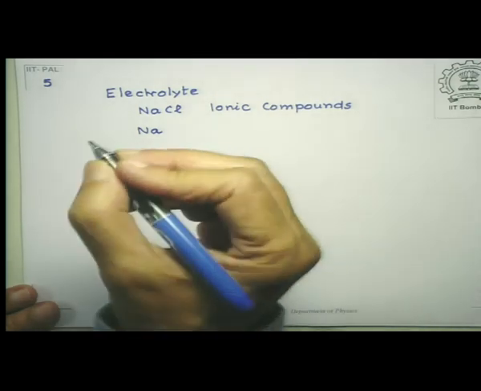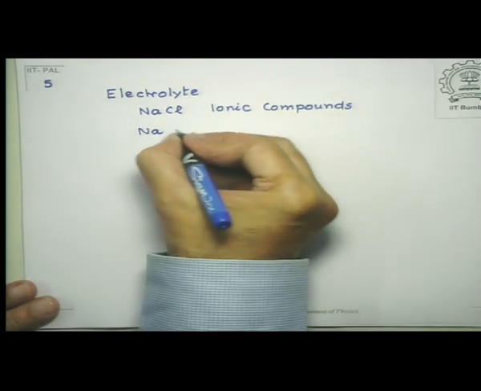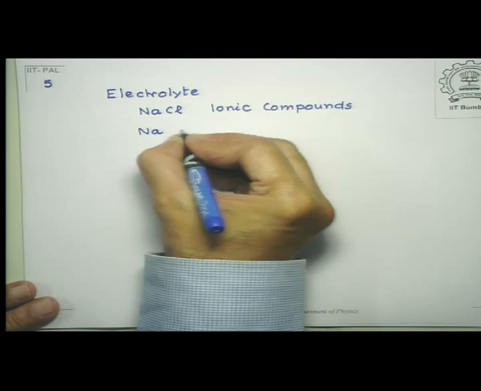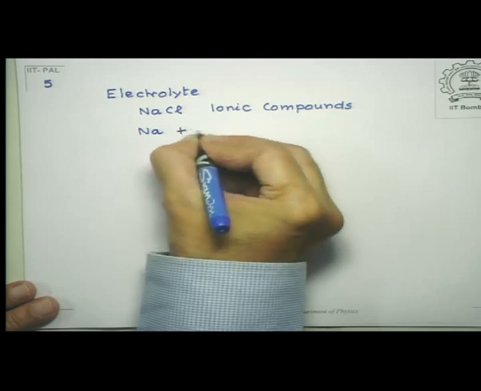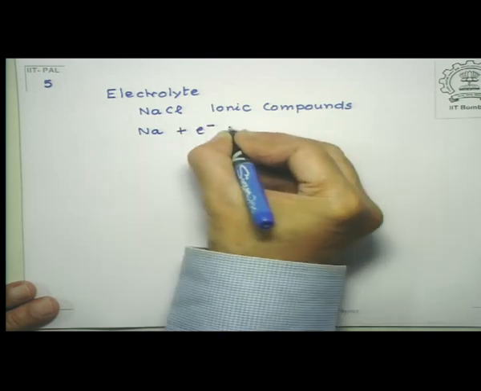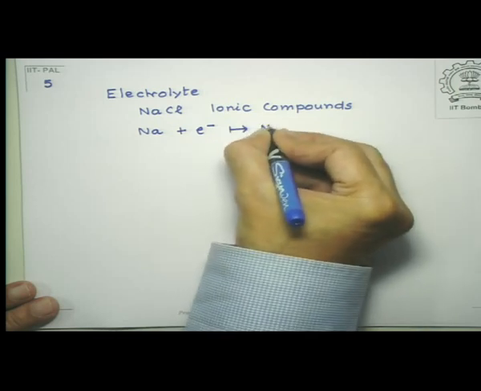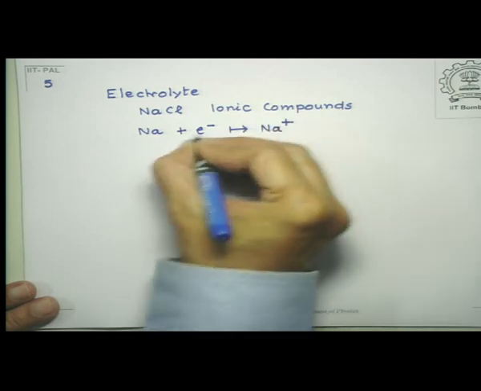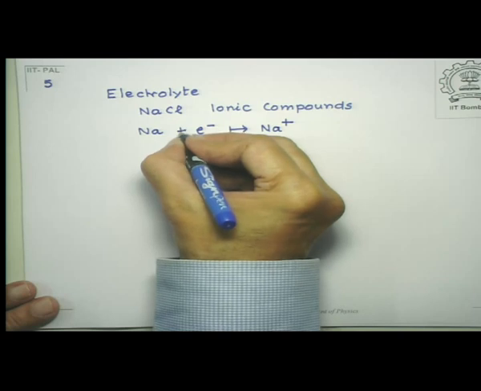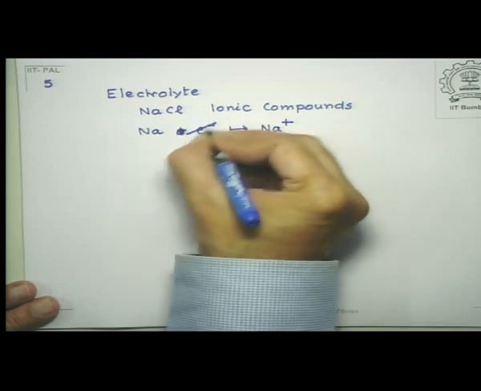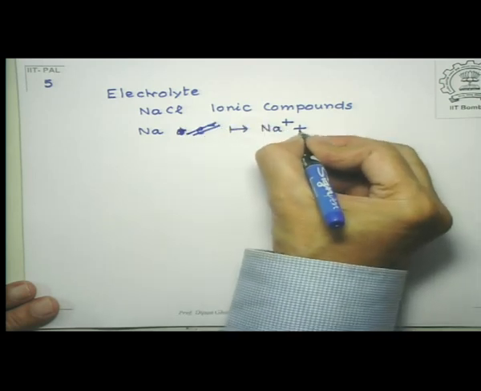And when sodium lost an electron, this is one example which you might have seen there. So, basically what happens is that it actually loses an electron and thereby becomes a sodium plus. So, I should probably write it as Na minus electron gives Na plus.